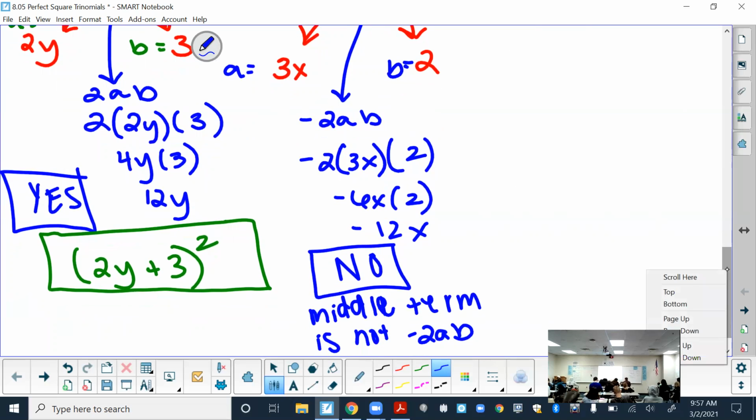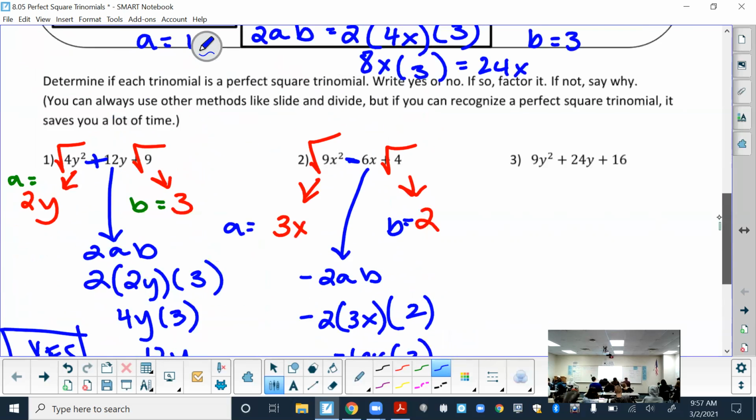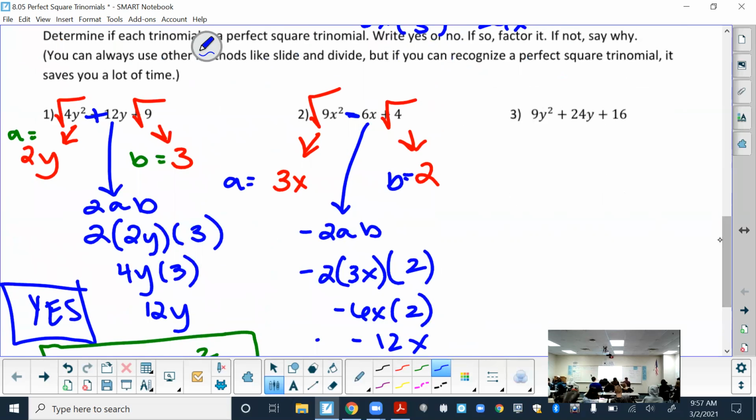All right, one more together, and then you'll try some on your own. So we have number 3. What's the first step? Square root of the first term and the last term.